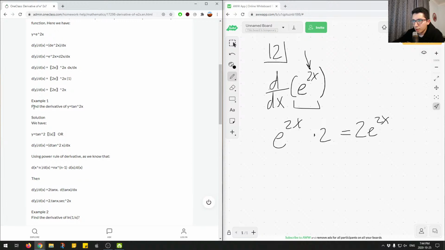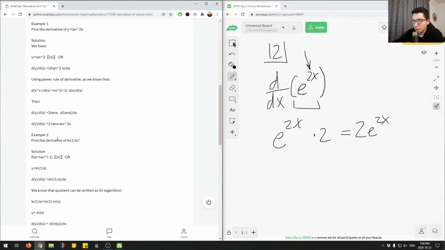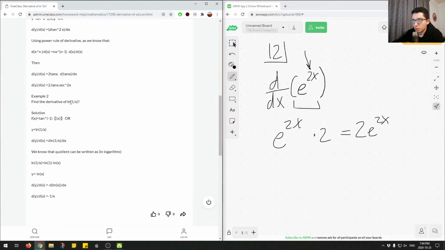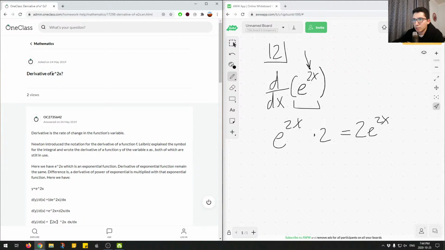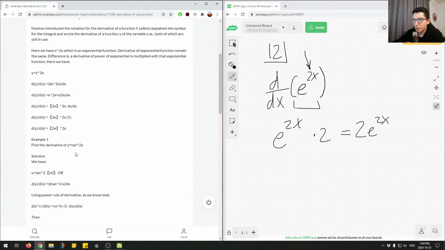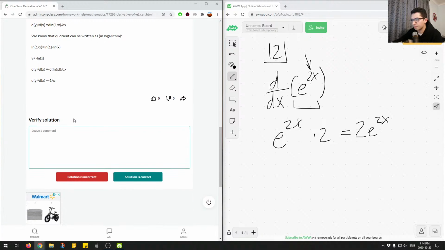Then they provide another example with tan x. Let's not worry about this one for now. And we're given ln 1 over x. Here the question only really asks for e to the 2x, so I believe this is just a typo. It could be just a miscalculation, but the correct process, incorrect final answer.